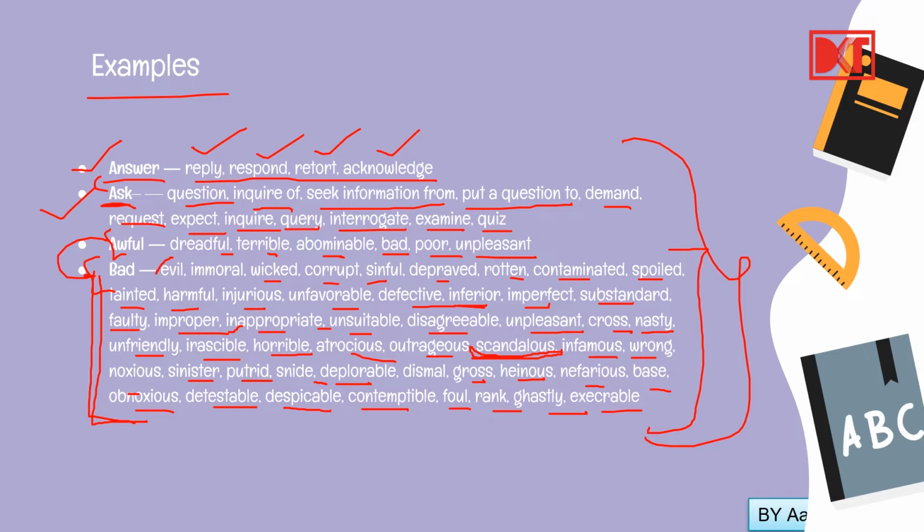Suppose you are talking about food which has gotten stale, you can call it bad as well, but it will be better to use rotten, contaminated and spoiled, and not use words like detestable.